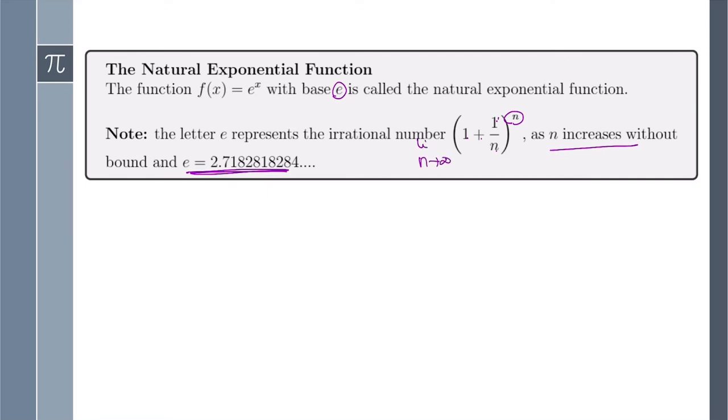This is what we write in calculus: limit as n approaches infinity of this expression. That means when n is very, very large, the value of this number is e. So that's Euler's number. An exponential function with this base e is called the natural exponential function, and it is very important. It has a variety of applications, and we use this a lot.